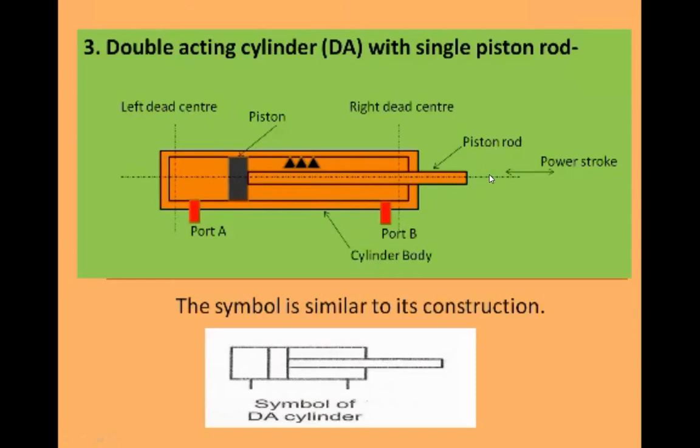Due to that, you can check here also I have shown the motion as a representation. I have shown the arrow, power stroke. Extension happens. At the start the piston will be here, I will call this piston position number 1.